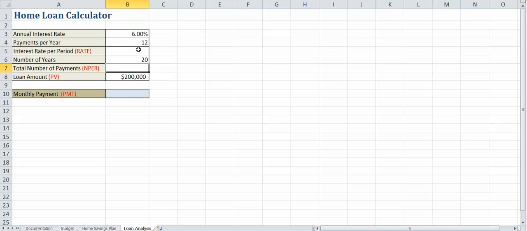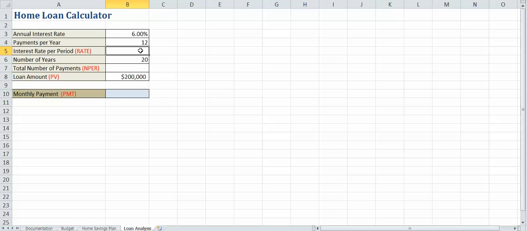So before we get started on this, I want to first of all calculate the monthly interest rate. That 6% represents the rate for a 12-month period, and you don't want to calculate the payment using the annual interest rate, because your payment will come out wrong.